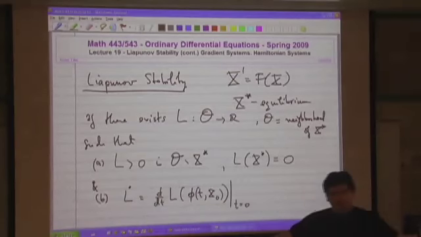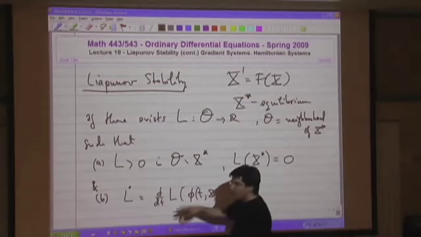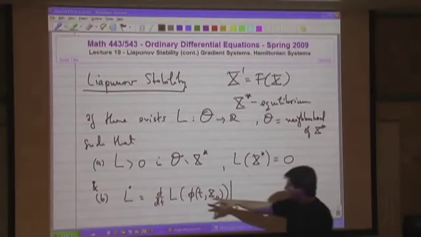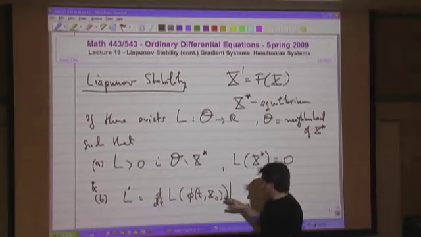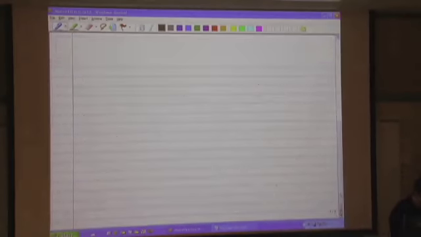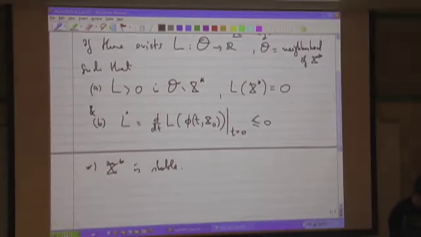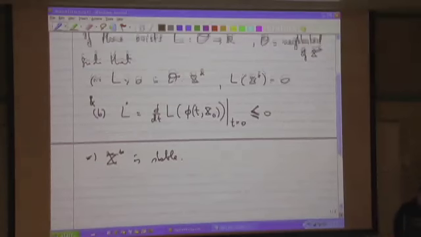In that landscape where the solution is moving, you evaluate the altitude, the value of the function, and if that's not increasing, then x star is stable. Okay, and if it's strictly decreasing, then it's asymptotically stable.